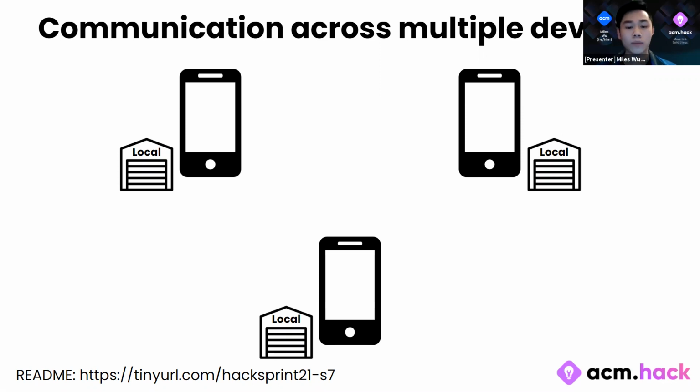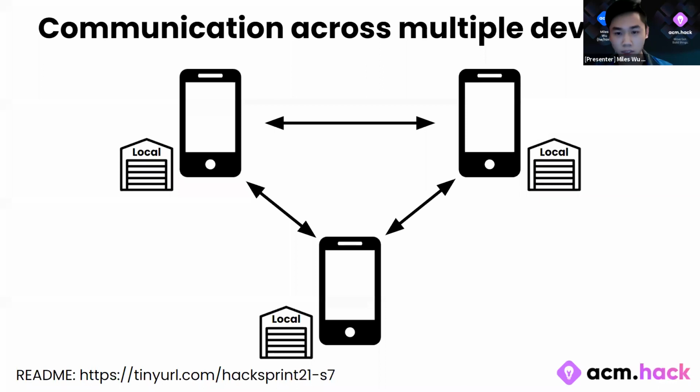Somehow my device on the bottom needs to get information from both of these other devices. They have their data, and in order for my app to show everybody's data, including mine and theirs, I need to get their data somehow. Not only this, but they need to get my data and each other's data, right?